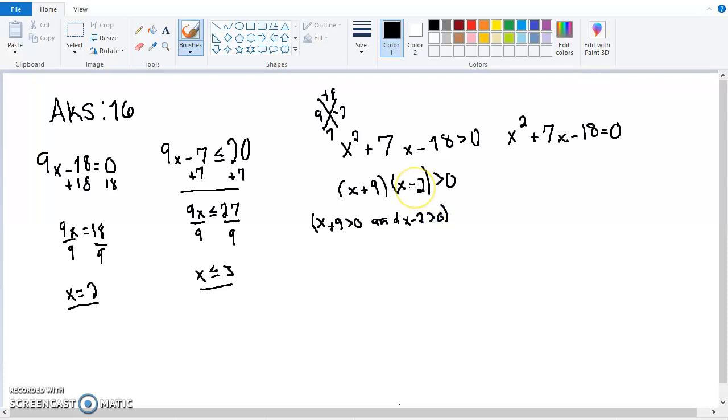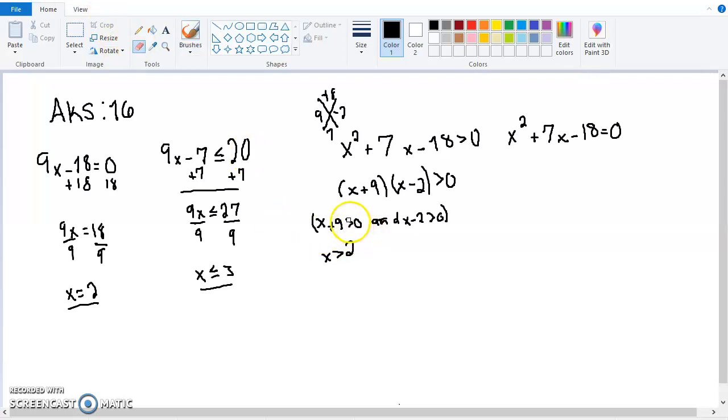And what that should leave you with is x is greater than 2, because when doing this, the 9 doesn't really have an effect. So you're going to be left with x is greater than 2. But there's another one you can do where you switch these signs.